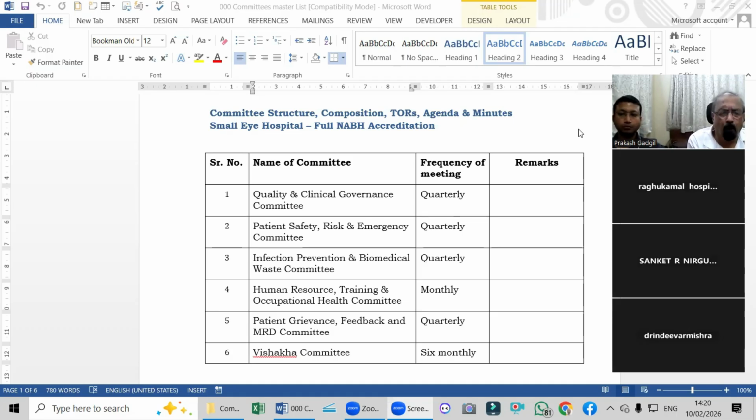There can be a drop box for Vishaka complaints. That drop box has to be away from any CCTV camera access, so that whoever is depositing a complaint should not be seen depositing it.